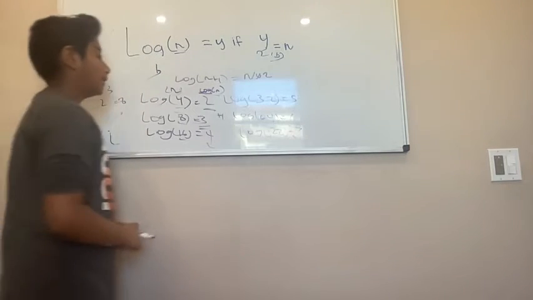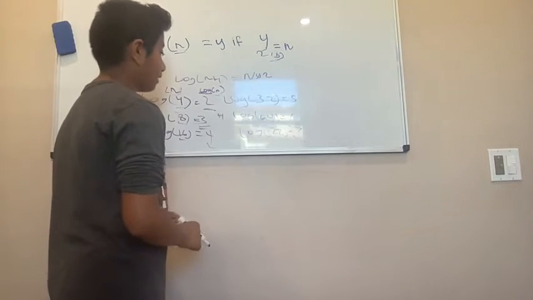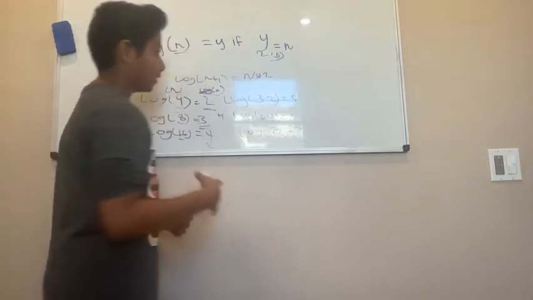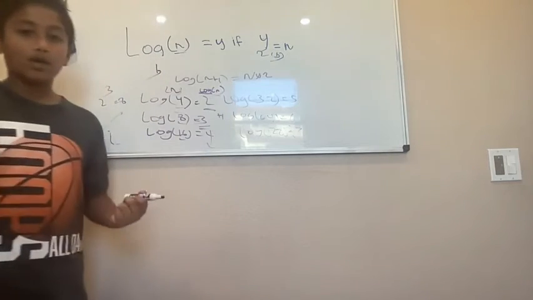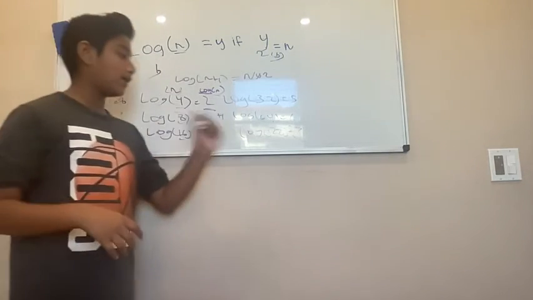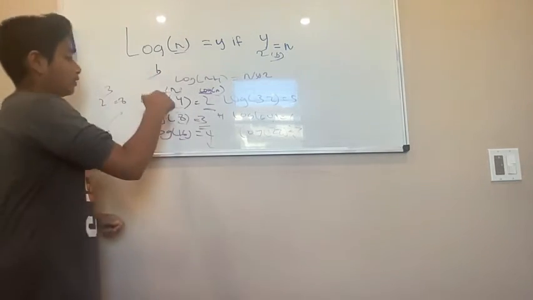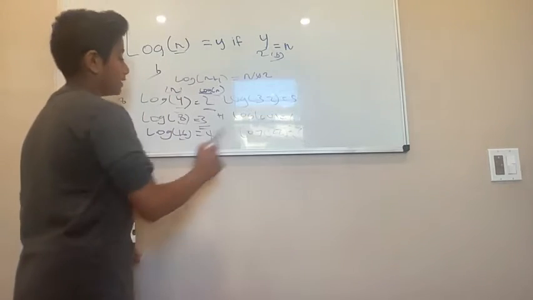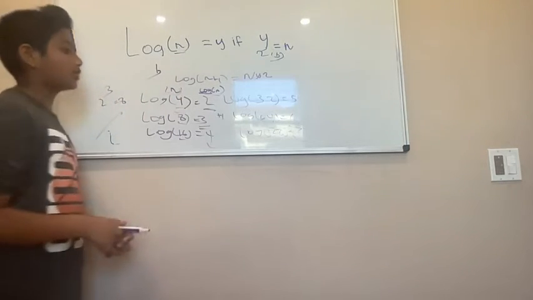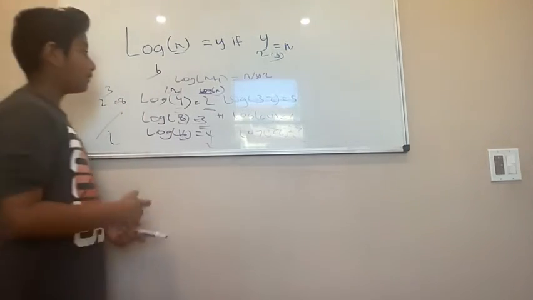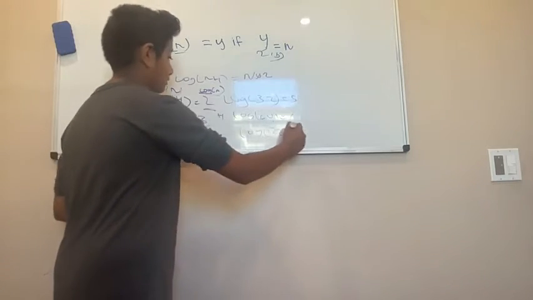So to search a list of 128 elements, doing it linearly is going to take 128 steps, whereas with log of n, this is only going to take 7 steps.